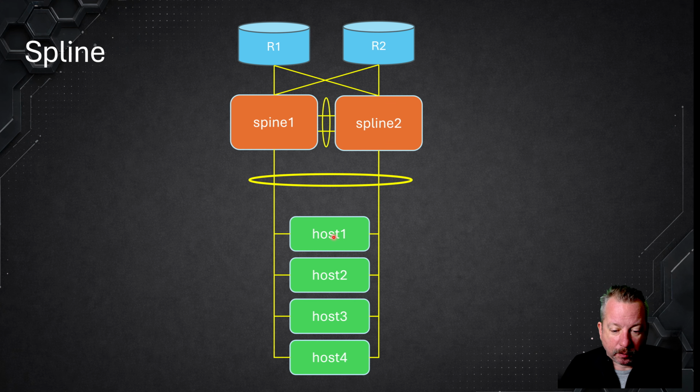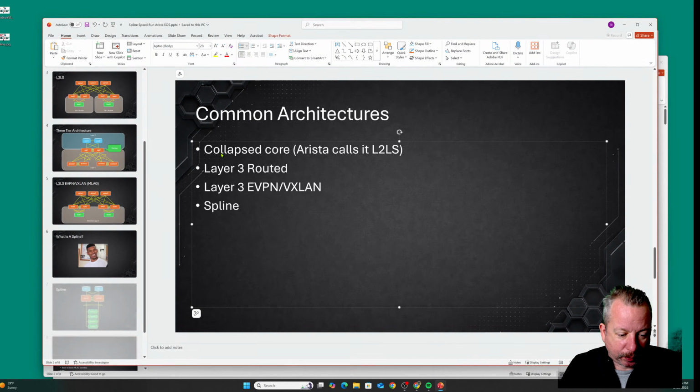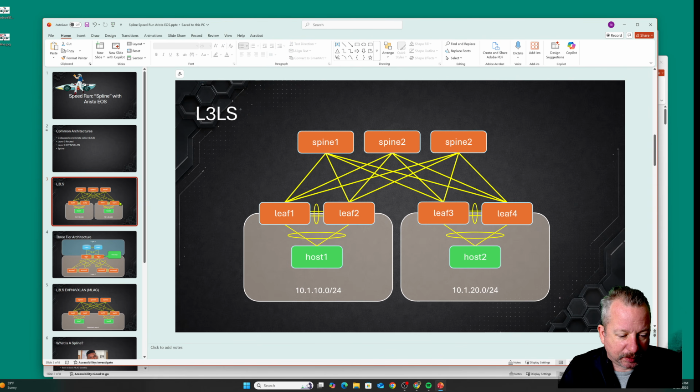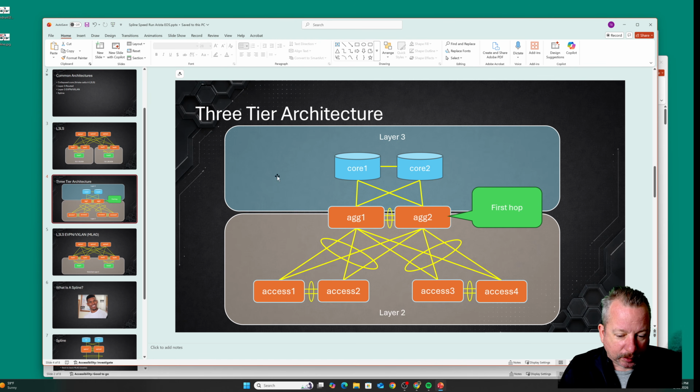This has been around for quite some time, with the exception of the splines being in an MLAG pair, or whatever the generic term is, MLAG or MCLAG. It wasn't really around back in the 90s, but this is pretty much how we set things up. Instead of dual homing, half your hosts would be plugged into one and half into the other. So it's relatively easy to do, pretty much the same as doing the collapsed core.